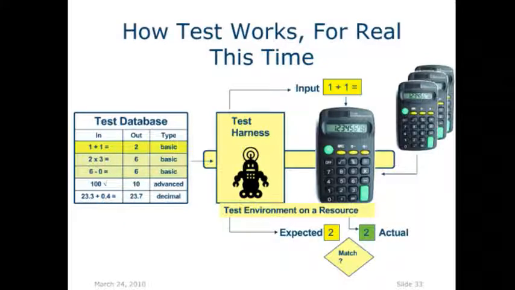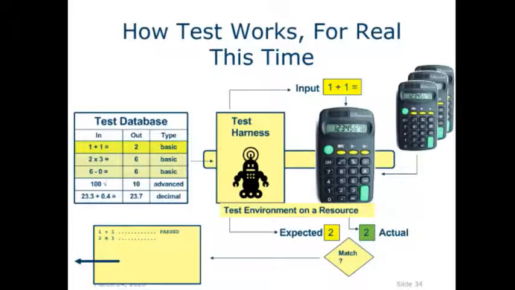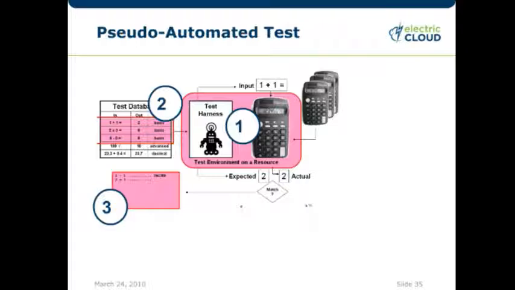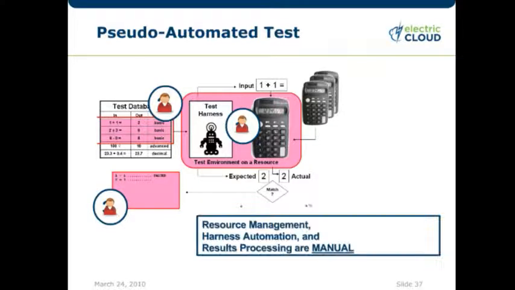The test harness running was automated. Once you got it going, it would actually run it, put the values in, and get the result. But the results ended up just, like I said, in a text file somewhere. So if you decompose the three big pieces that they had, there was human intervention at each one of these steps.